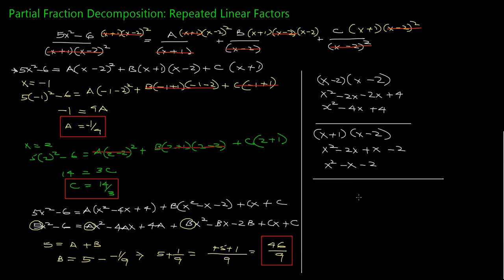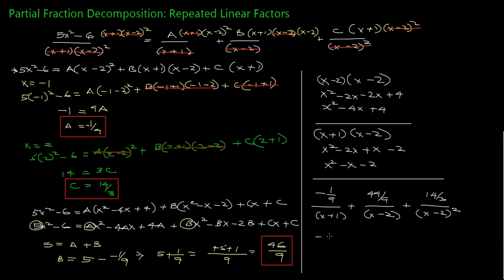So let's go ahead and plug in the values. a is negative 1 over 9 over x plus 1, plus the value of b, which is 46 over 9, divided by x minus 2, plus the value of c, which is 14 over 3, divided by x minus 2 squared.